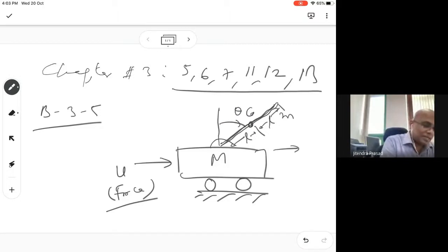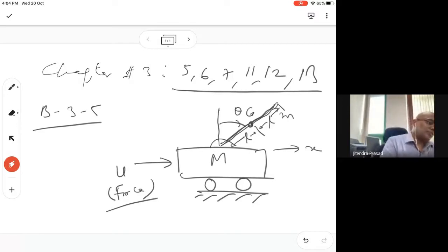Displacement in this direction is x, and in the rotational direction the displacement is theta. So you have to find the equation of motion, in the form of a differential equation, derive the mathematical model, and find the transfer function accordingly.